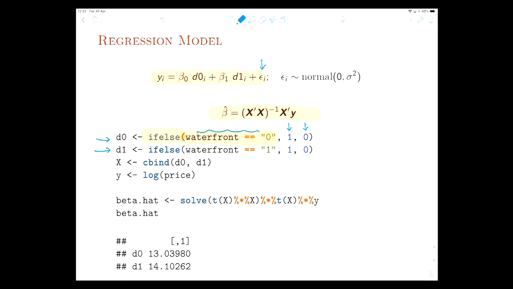So if the condition is true, then the first value is taken on. If it's false, the second value is taken on. Okay? And that's how we create D0 and D1.